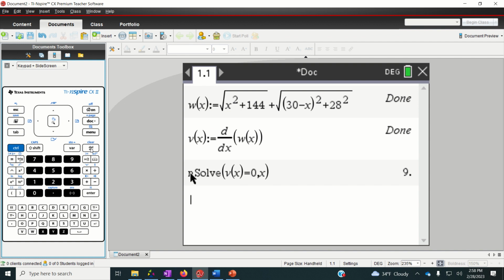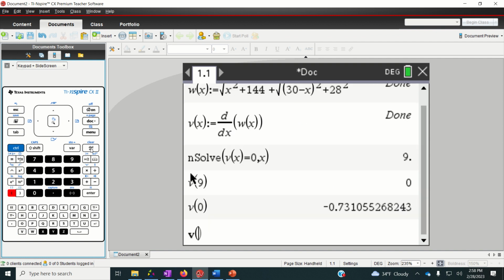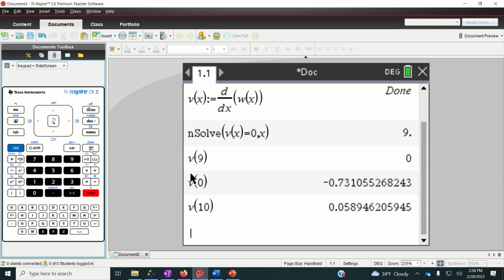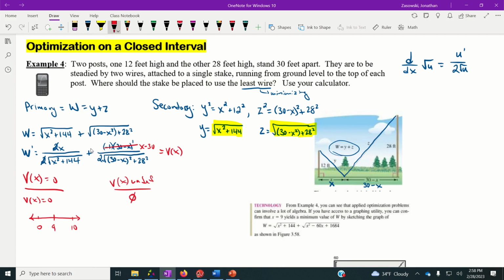So we can just do the derivative: v of 9 we know is 0, v of, let's say, 0 is negative, and v of 10 is positive. So we know that we are negative to the left of 9 and positive to the right of 9. So we definitely have a minimum value here.